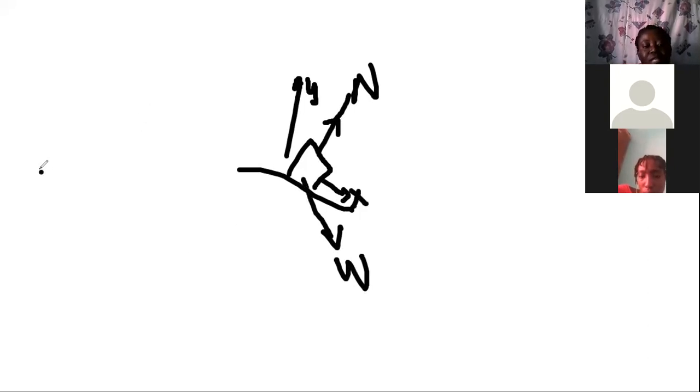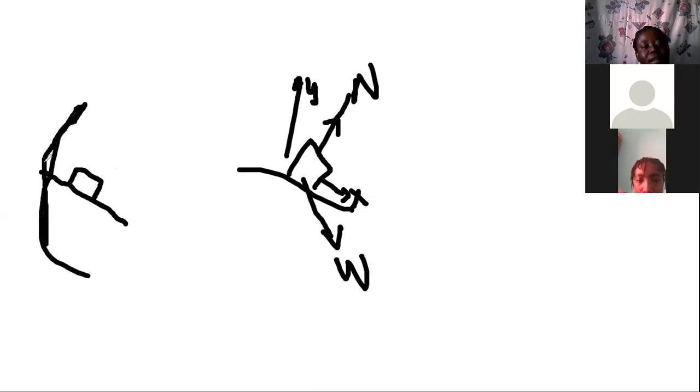Now if you consider an incline on a cycle, if this is an object and this is how your cycle looks, remember it goes in a cycle, so your acceleration should always point towards the center of your cycle.